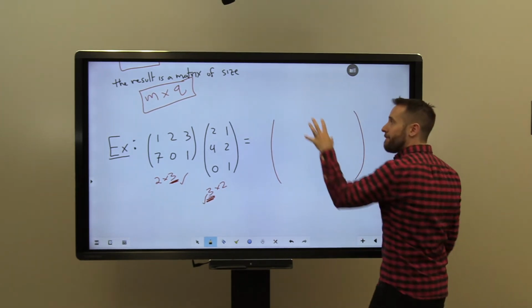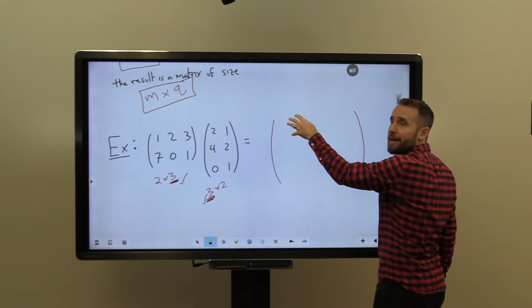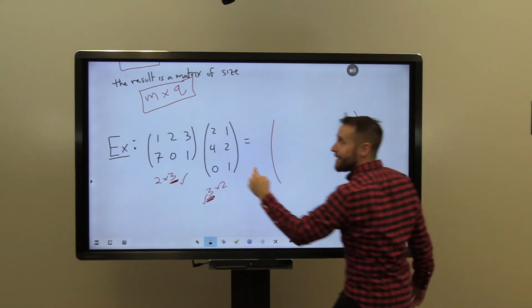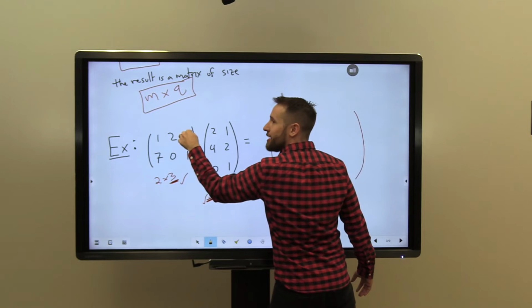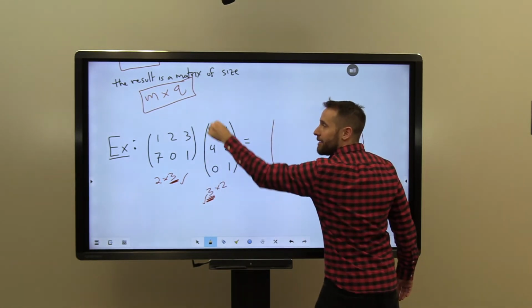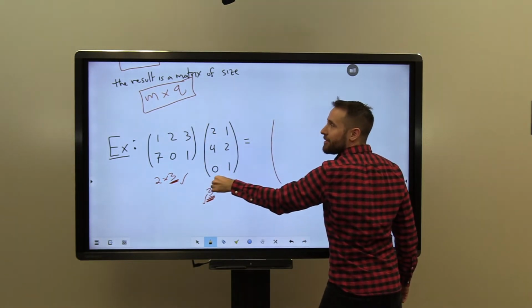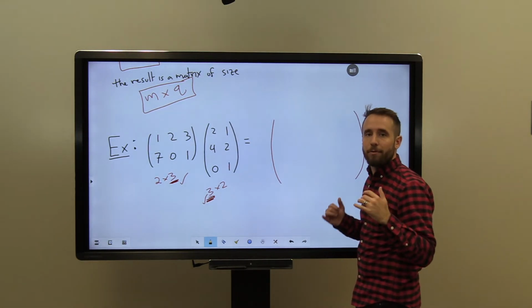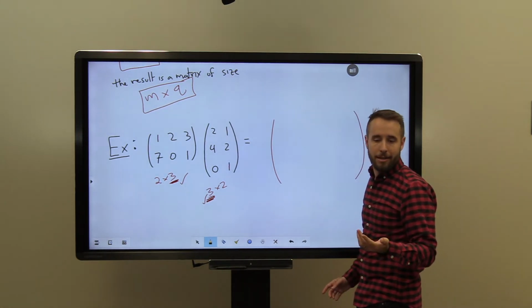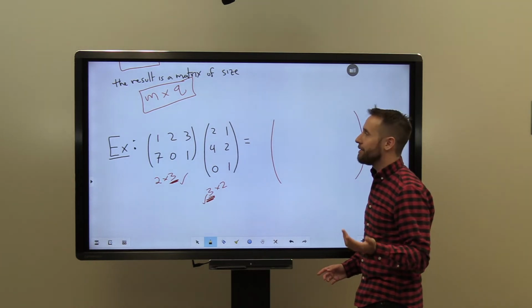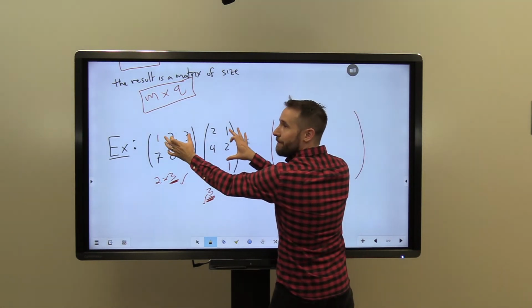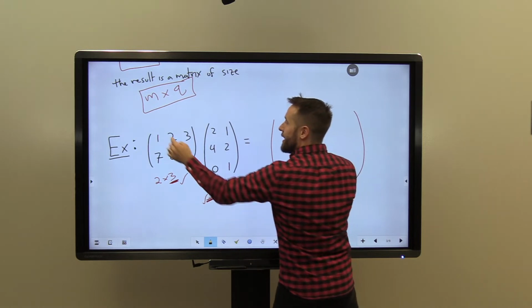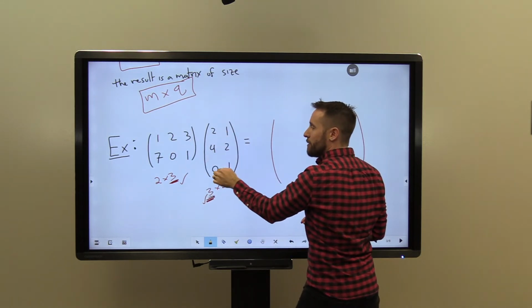For the first entry, the upper left entry, I'm going to take the upper row of this matrix and the left column of this matrix, treat them as vectors, and perform a dot product computation. Right? So treating these as two separate vectors, I could have 1, 2, 3 and 2, 4, 0.